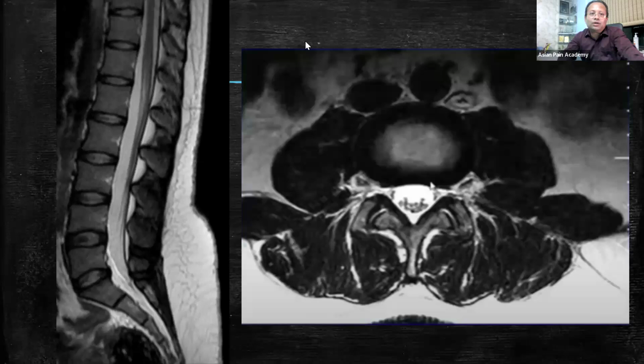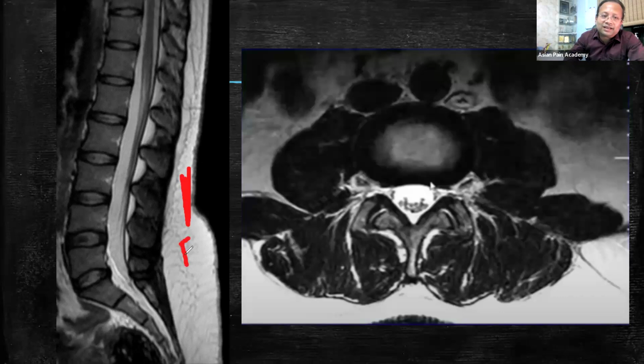Now I will annotate a few things so that you can understand better. What are the things we are actually seeing? Okay, this is the sagittal section. First, from the posterior side, this area is the fat area.